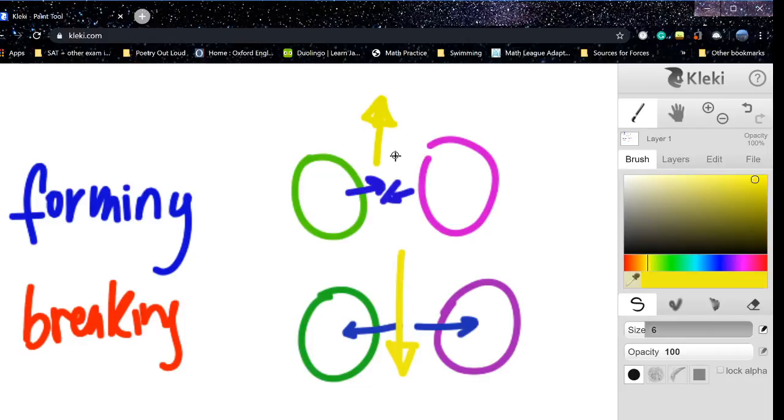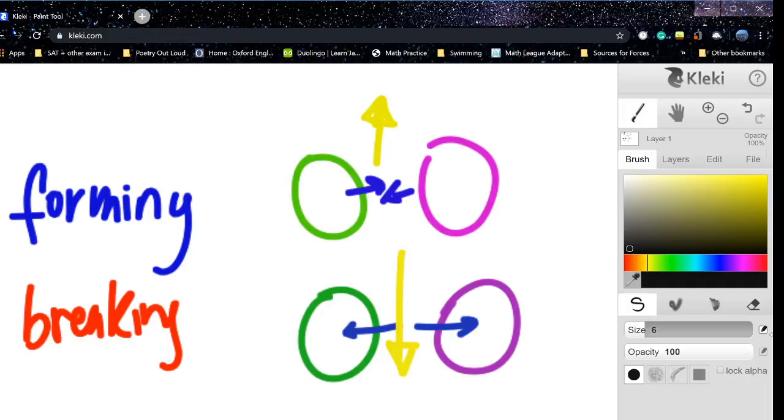So delta H is related to the energy of a system, like work is as well. So when we talked about work, expanding gas means that the system, or the gas itself, is losing energy. And therefore, when a gas expands, the work is negative, and when a gas contracts, it's the opposite.